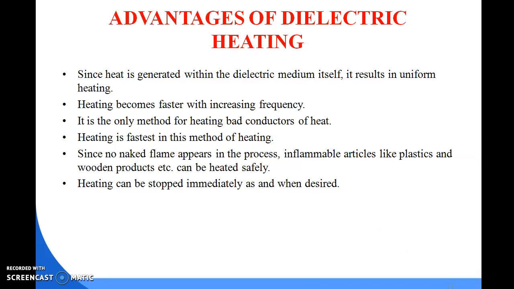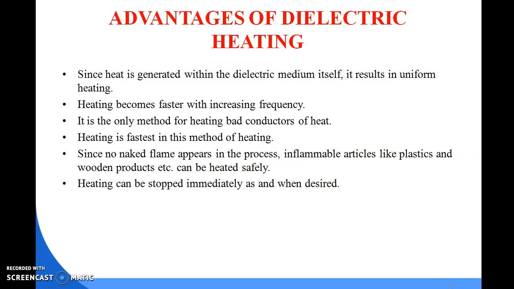Dielectric materials also have some heating. Dielectric heating means we can heat a dielectric material, and that is called dielectric heating. Heating becomes faster with increase in frequency, and the dielectric material itself results in uniform heating. It is the only method of heating bad conductors.